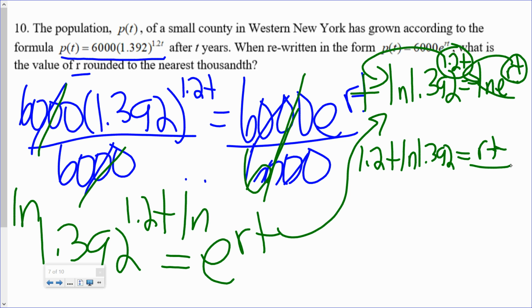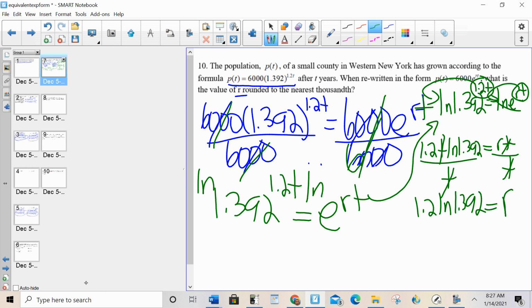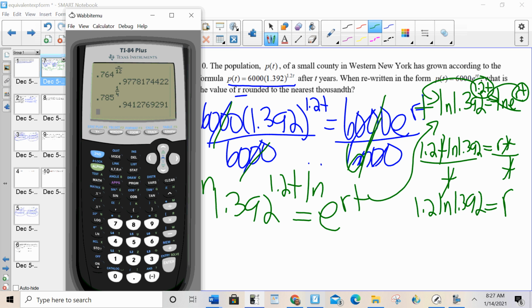I can divide both sides by t, and the t's are gone. I get r equals 1.2 ln 1.392. I get 0.3, and what's the nearest thousandth? 0.397.